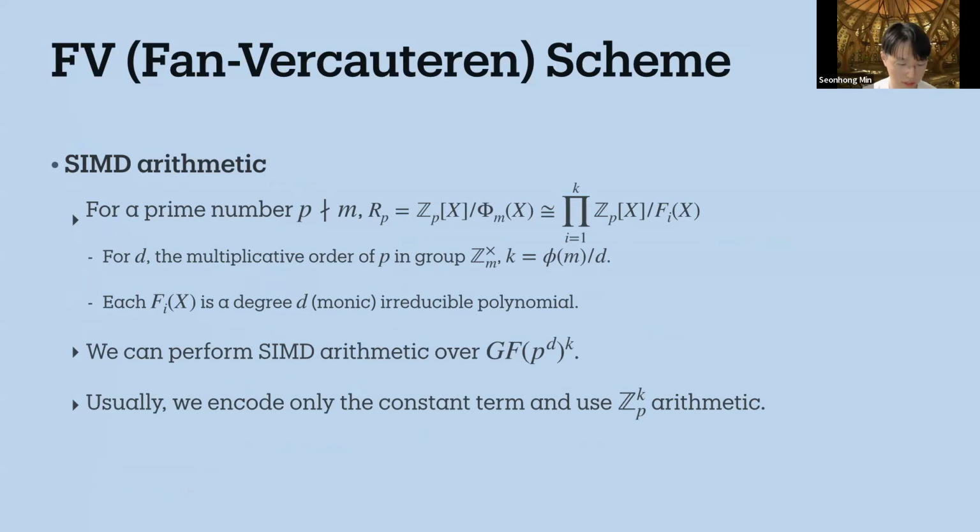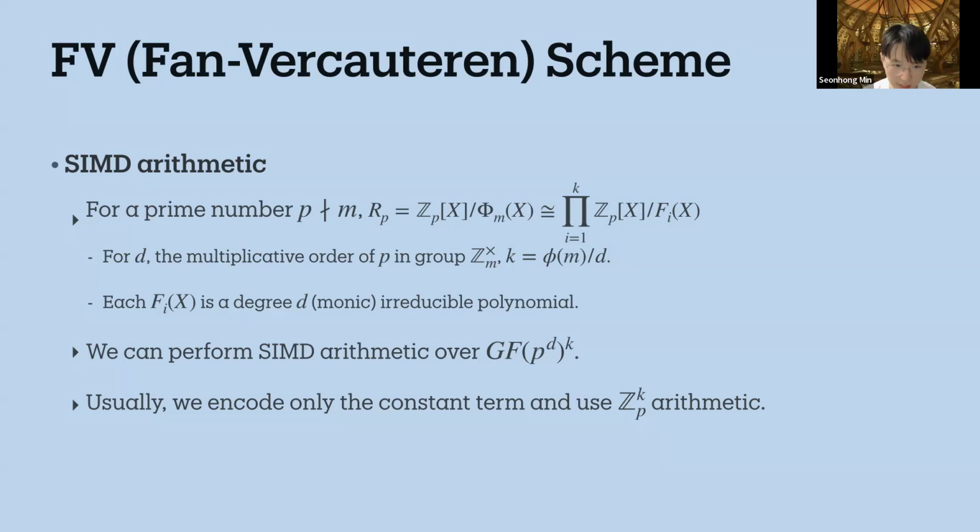So let's say that you have a prime number p which does not divide the cyclotomic index m. Then there is an isomorphism between R_p and a direct product of some finite fields. Let's say that d is the multiplicative order of p modulo m, and let k be phi(m) over d, where phi is the Euler phi function.